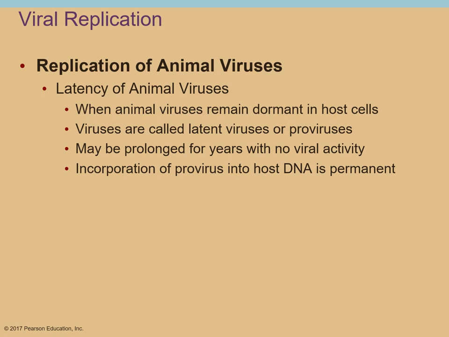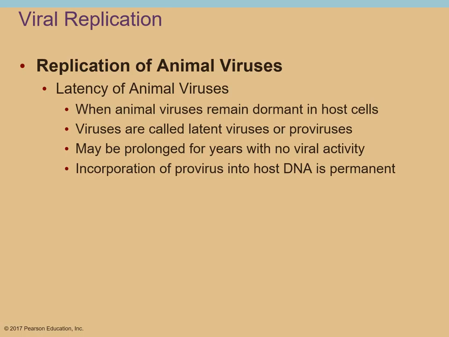Some animal viruses can infect their host cell, and then they can remain dormant. Once again, similar to what we saw with the lambda virus that infected the bacteria, the lysogenic stage. This is very similar to that. It goes dormant or remains latent. So typically in microbiology, specifically in the field of studying viruses, or virology, they are referred to as latent viruses or proviruses.